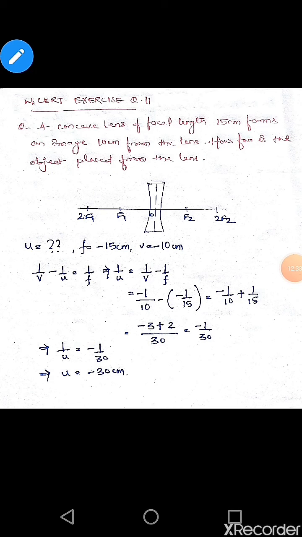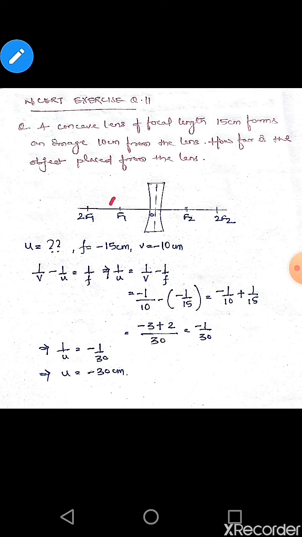Now here is another numerical from the NCERT exercise, that is question number 11. A concave lens of focal length 15 cm forms an image 10 cm from the lens. How far is the object placed from the lens? For your convenience I have drawn a concave lens over here. Here the focal length is 15 cm.